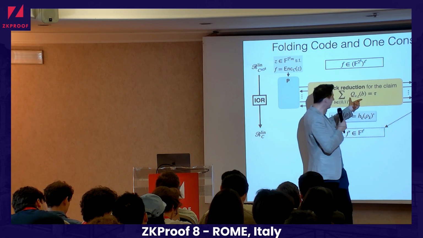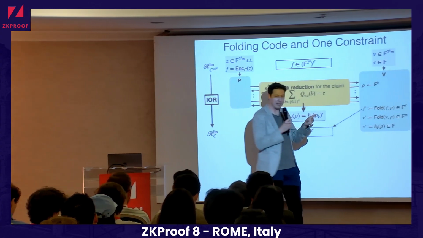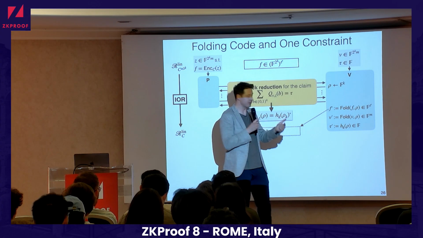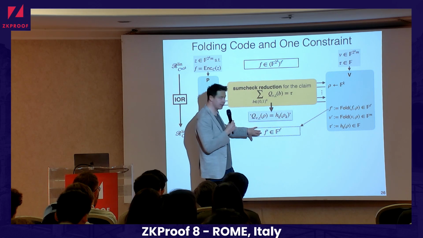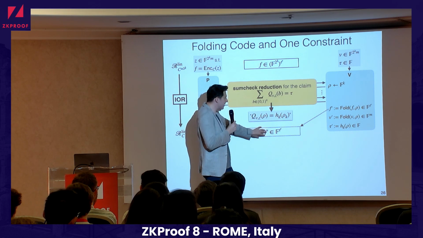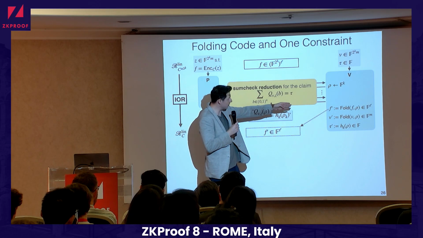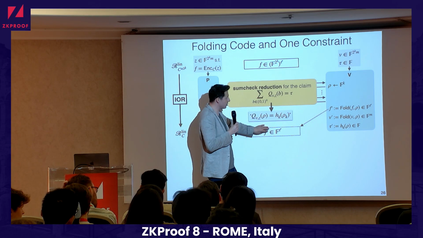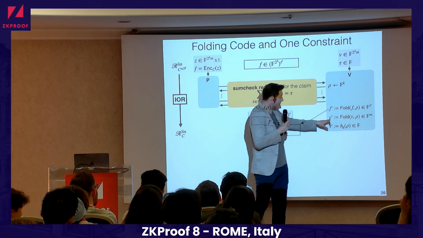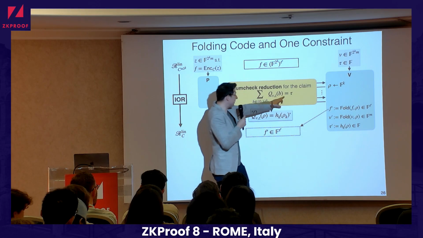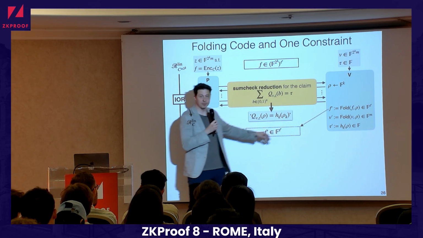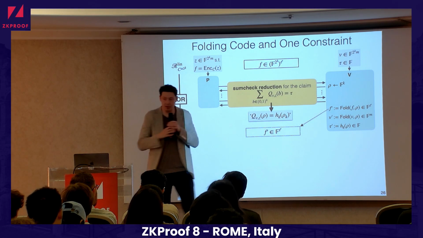Because remember, this guy was tracking the inner product of the folded message and the folded coefficients. So the folded message is inside here, in the encoding. I fold the codeword, which is tantamount to folding the message. The coefficient vector, I fold it, and the target is whatever comes out of here. So that's it. That's my new constraint.